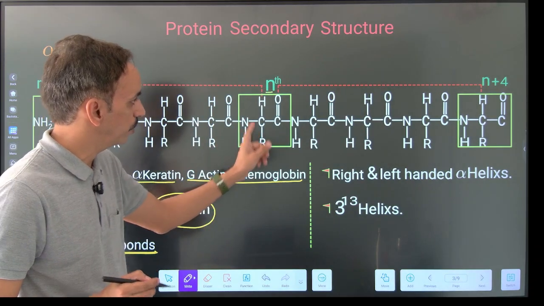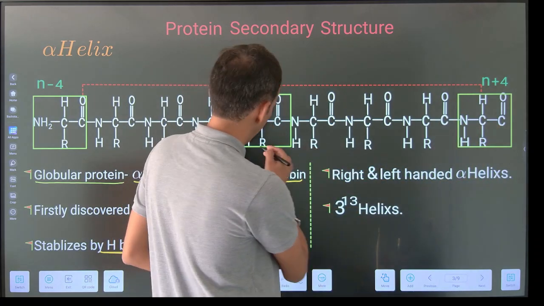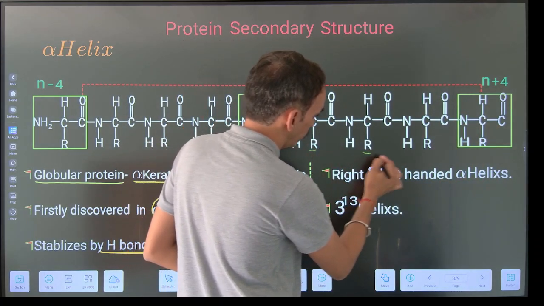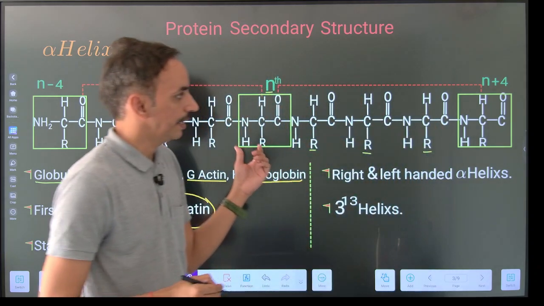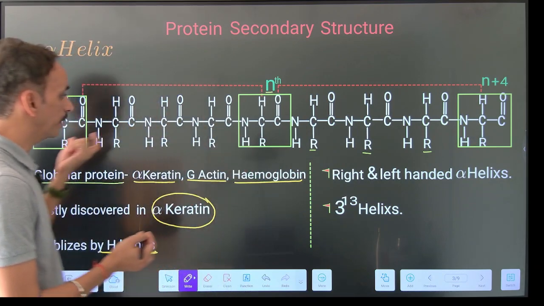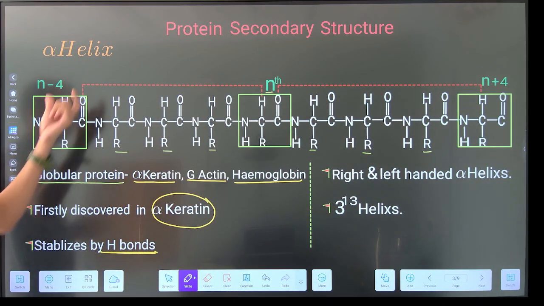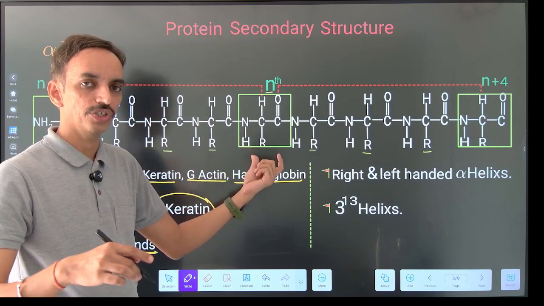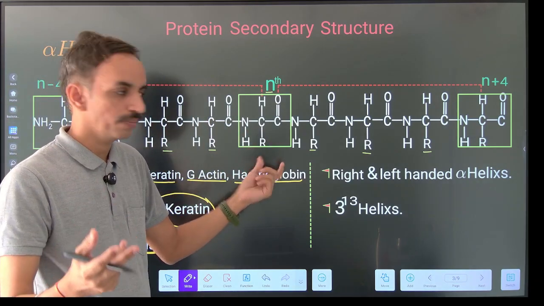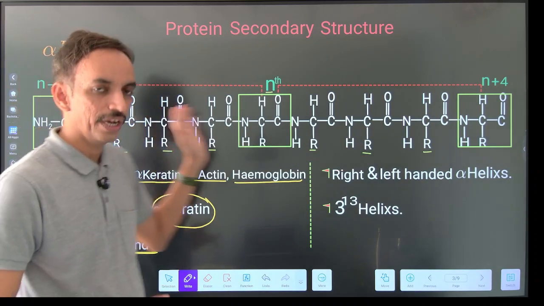It can form a hydrogen bond with the N plus 4 amino acid, leaving N plus 1, 2 and 3, and it can also form a hydrogen bond with the N minus 4 amino acid. So one amino acid in alpha helical structure can form two hydrogen bonds, one with N plus 4, other with N minus 4.